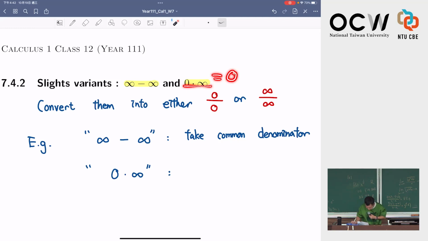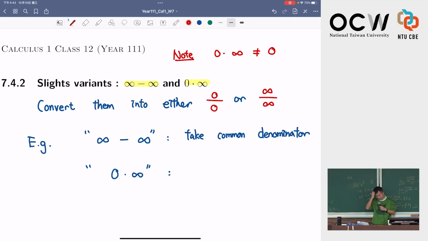I saw some of you write something horrible in the semifinal. So, important note: 0 times infinity is not necessarily 0. For example, the limit as x goes to 0 of x times 1 over x is 1. This is of the form 0 times infinity, but the answer is not 0. So be careful about that.